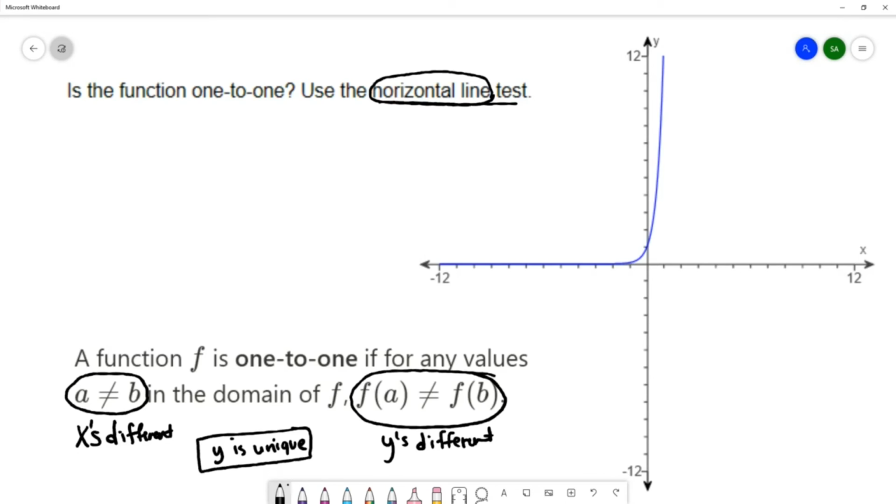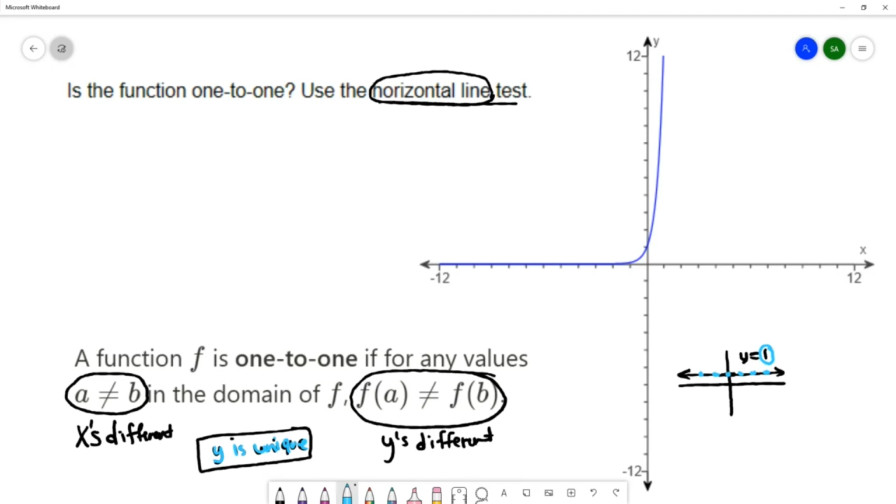So if you think about a horizontal line, like maybe this is at y equals 1, that horizontal line will have ordered pairs, and every single one of those ordered pairs would have a y coordinate of 1. And this is the opposite of what we're saying about y in terms of one-to-one functions.